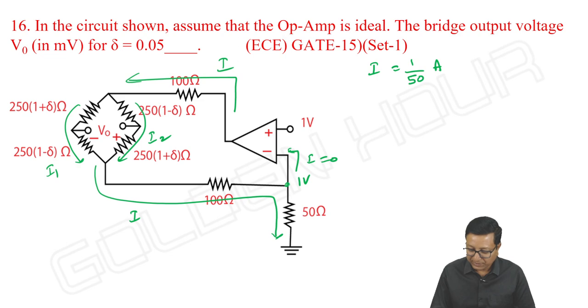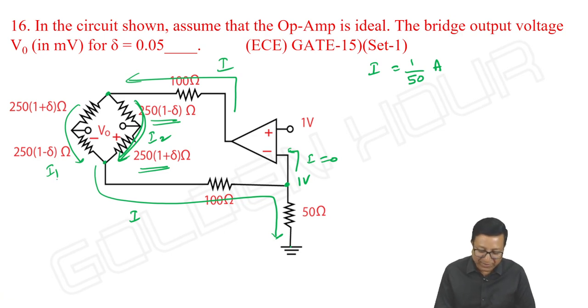Here 1 volt, it is 0, and the current flowing is I, the value we have got. The resistance between these two terminals is 250 into 1 plus delta plus 250 into 1 minus delta, that is 500 ohms. Similarly, the resistance looking in this direction is 250 into 1 minus delta plus 250 into 1 plus delta, again 500 ohms.